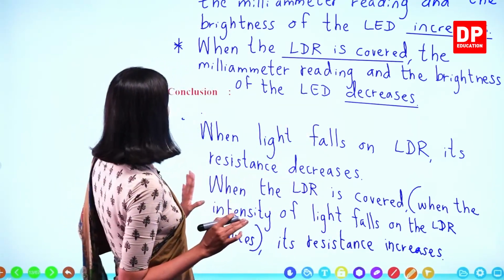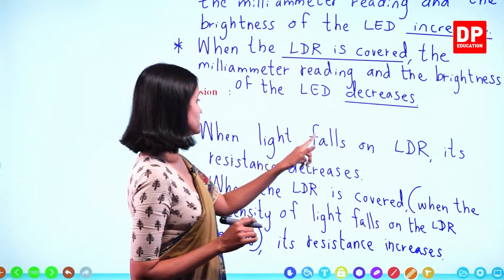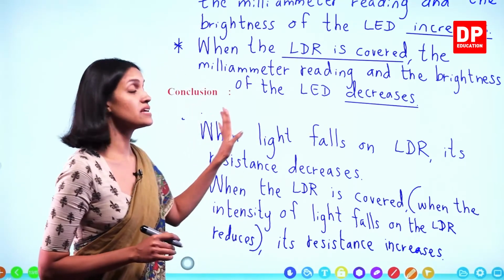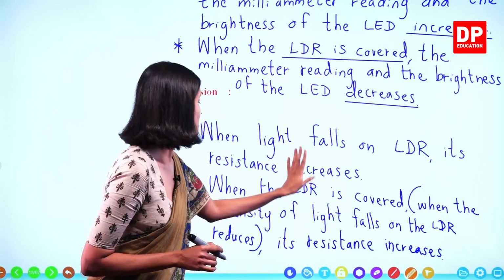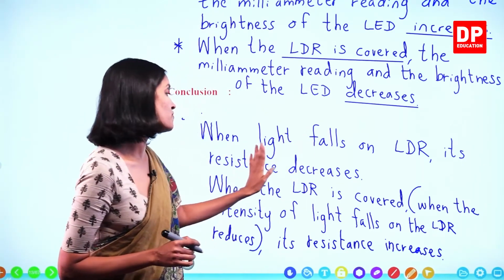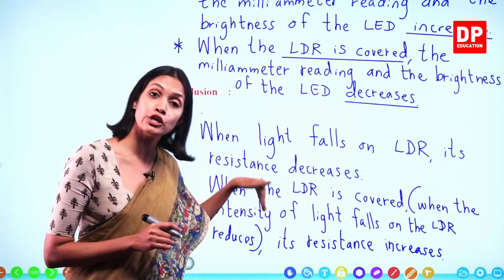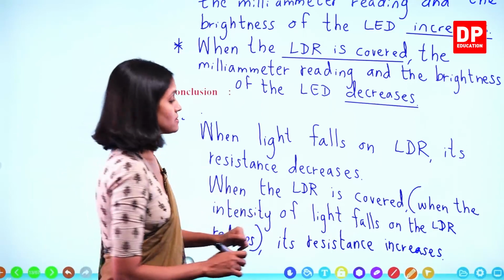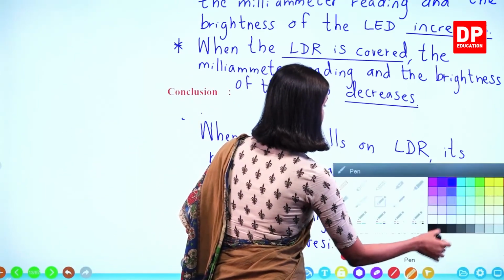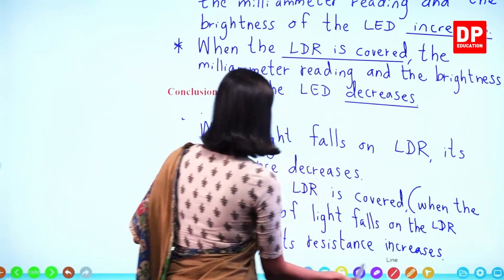Okay, children? When light falls on LDR, its resistance decreases, right? When the LDR is covered, or when the intensity of light falling on the LDR reduces, what happens? Its resistance increases. This is very important, children. We'll underline.